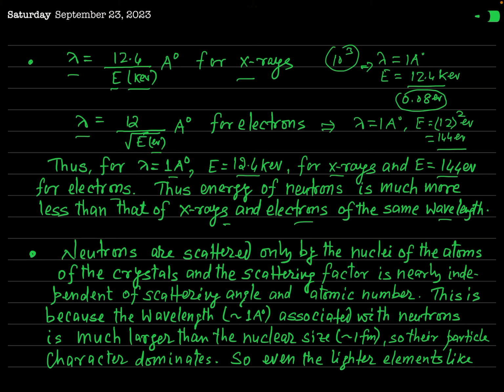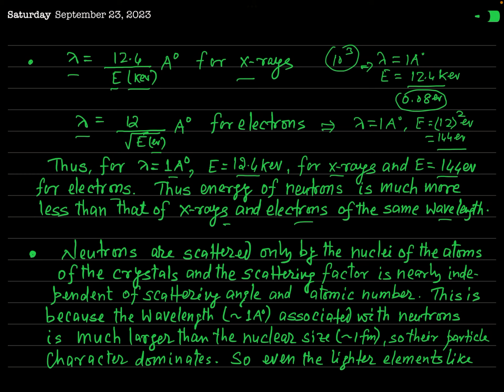Now, one of the basic differences between the diffraction of electrons and diffraction of neutrons by crystal and X-ray, you can see it here.